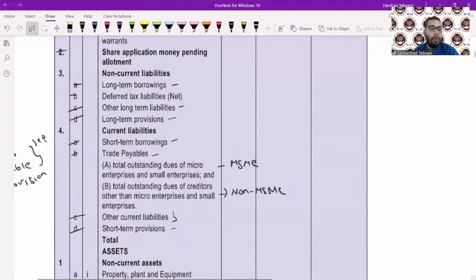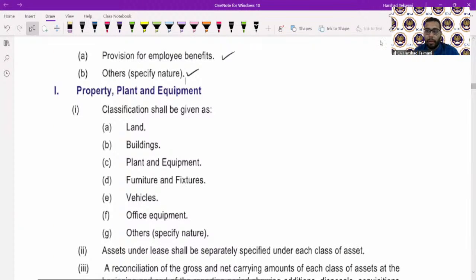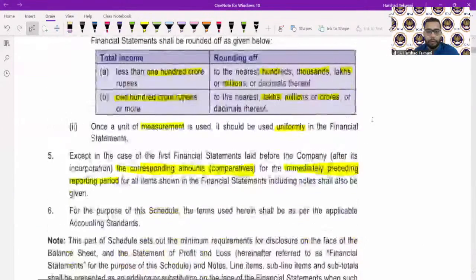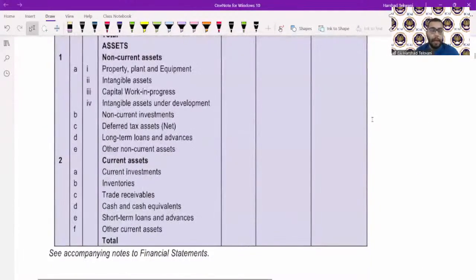Okay. Now, starting with the asset side, which talks about plant, property, and equipment first. If you see on the asset side, first you have non-current assets.